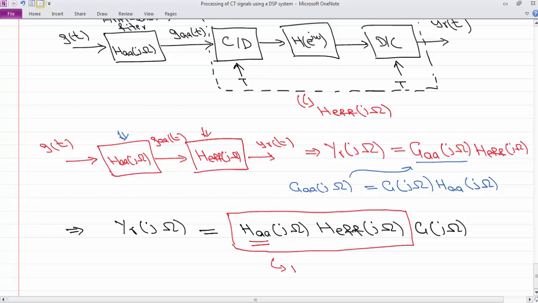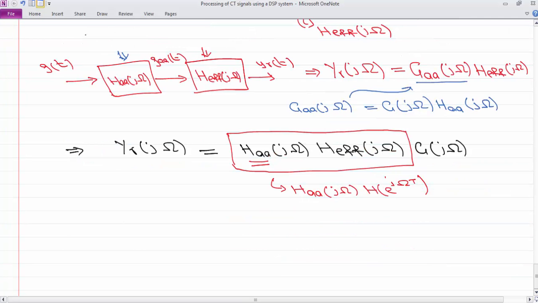So that is H_AA j omega times H of e to the j capital omega T, where H of e to the j omega is given here. So the same thing that we learned earlier: if you have an anti-aliasing filter, the only thing that happens is that your effective frequency response gets multiplied with the anti-aliasing filter's frequency response. Okay.